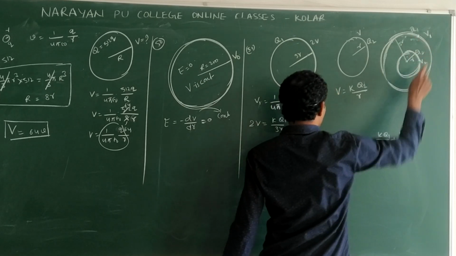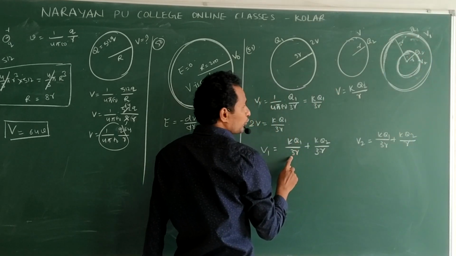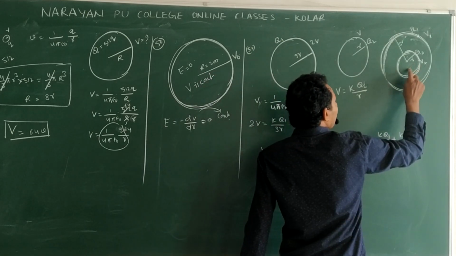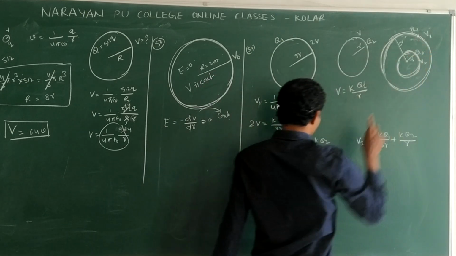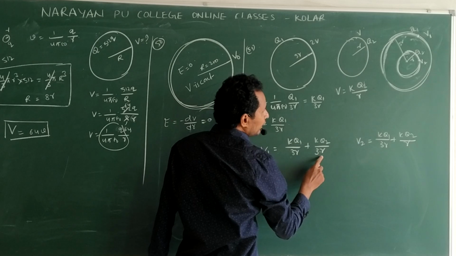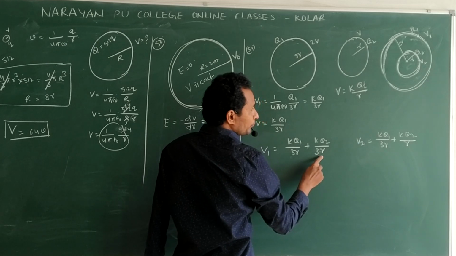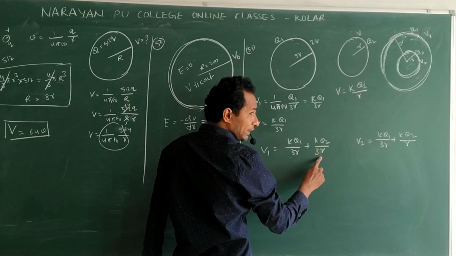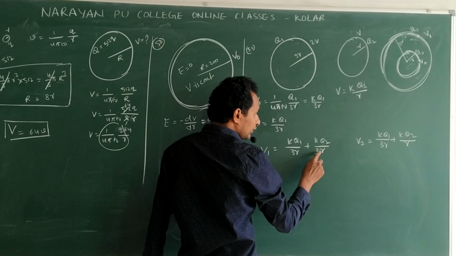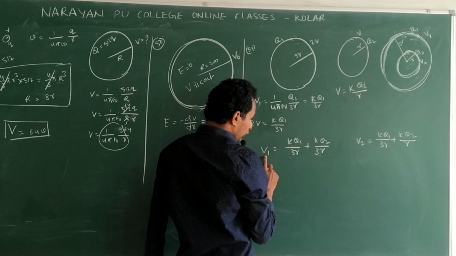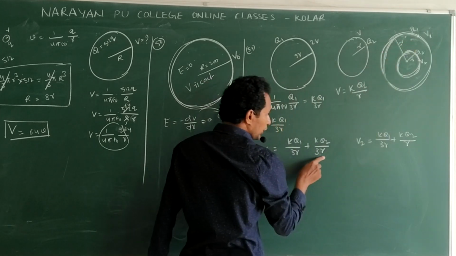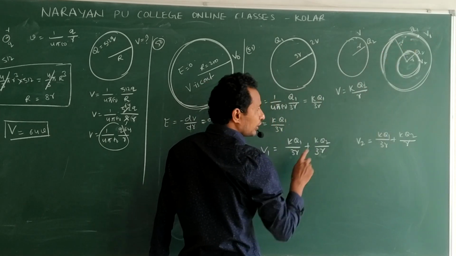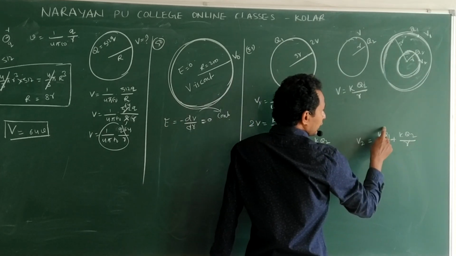Potential due to Q1 on the bigger surface is directly K Q1 by 3R, no problem. And the potential of this charge on the surface is K Q2 by 3R. Clear? Don't get confused here. In the first equation, the framing I took, 3R only, but that is wrong. We are taking this V1 on the surface, so we need to take the distance from the center, that is 3R. Now here it is working.